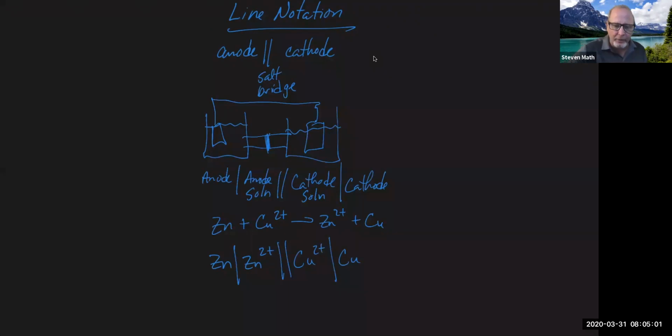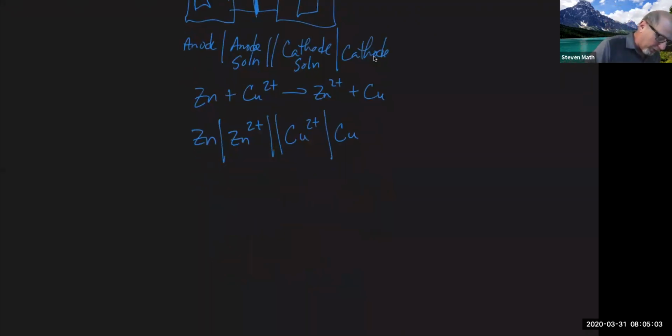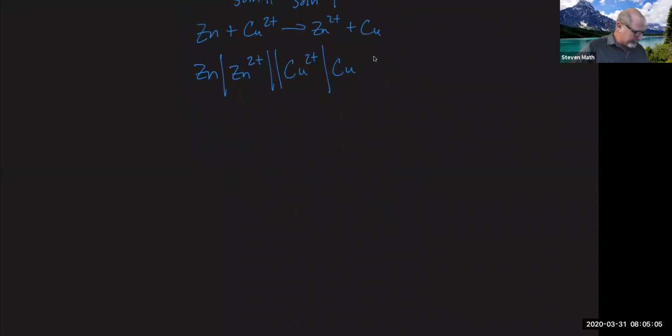There are some things that work and don't work. Let me show you a little more complicated one here. So now we've got copper 2+, plus 2, yep, we're going to use plutonium here, kids. Don't ask me why.